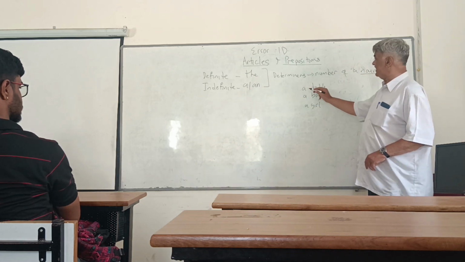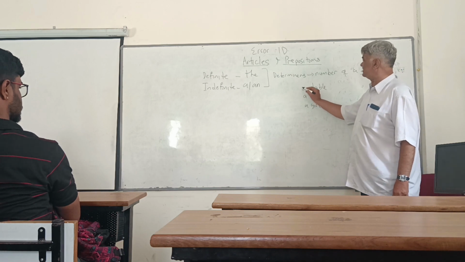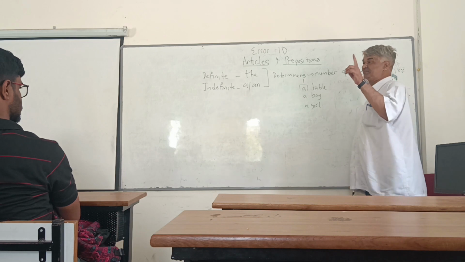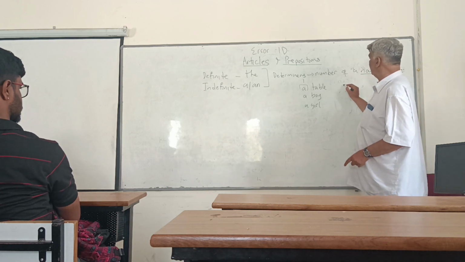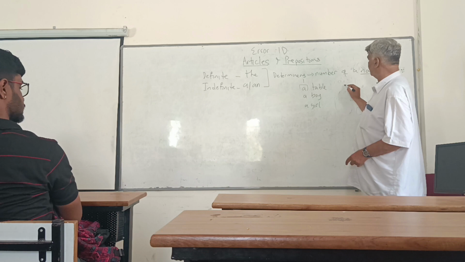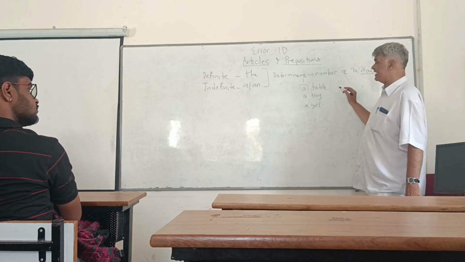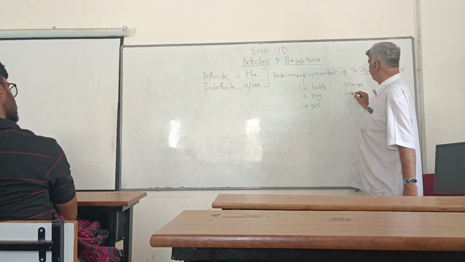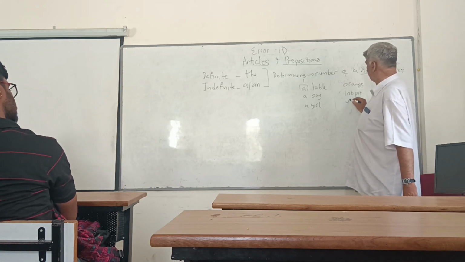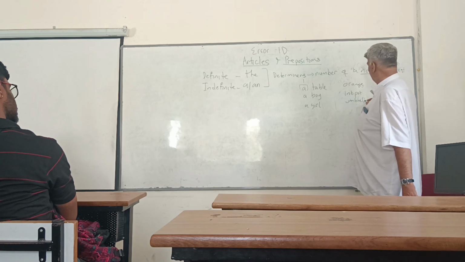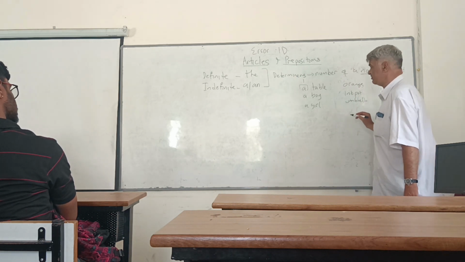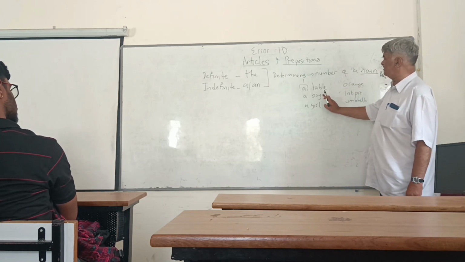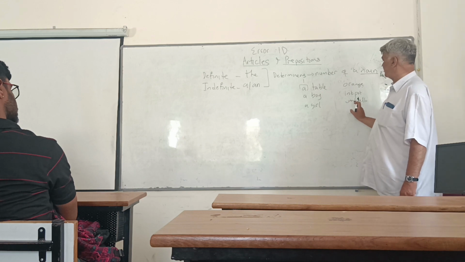Now what's the meaning of a here? A means 1. Similarly, here we're looking at how to use an. So we have orange, ink pot, or umbrella. These are common nouns, like table, boy, girl, orange, ink pot, umbrella.